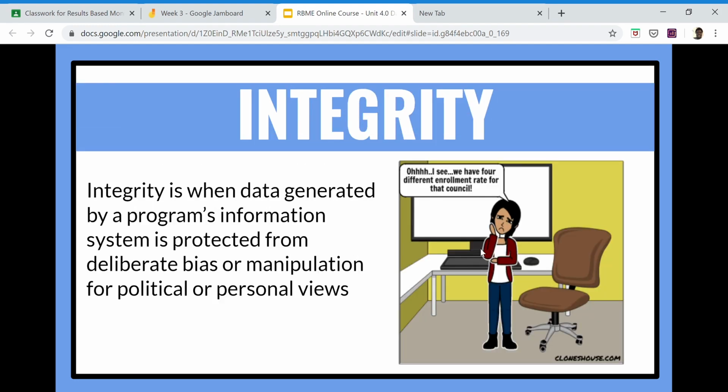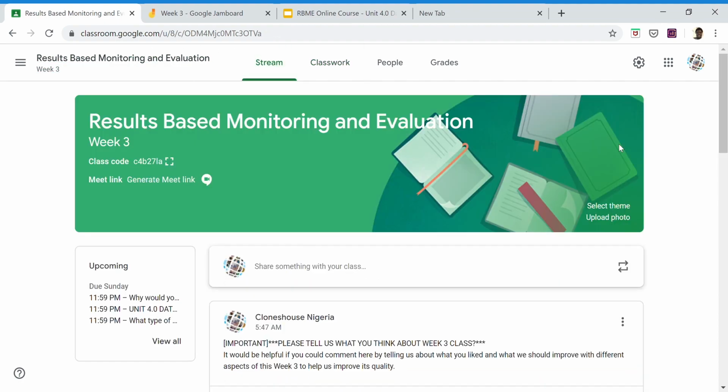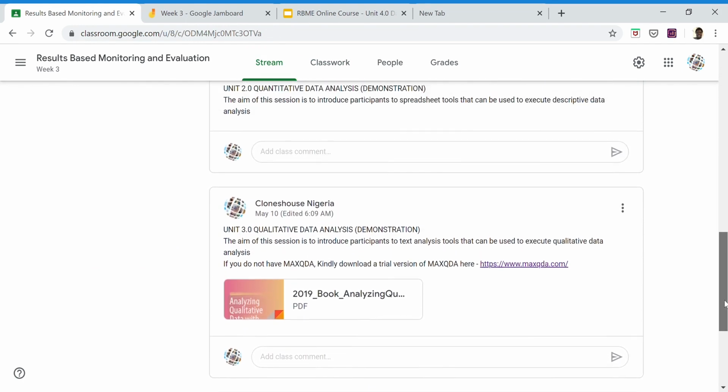Those are the 6 dimensions which we talk about, and these are things that are worth looking at. In our classroom, yes, we have some checklists.